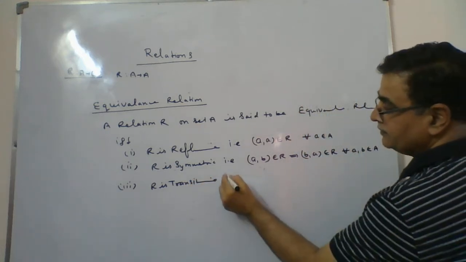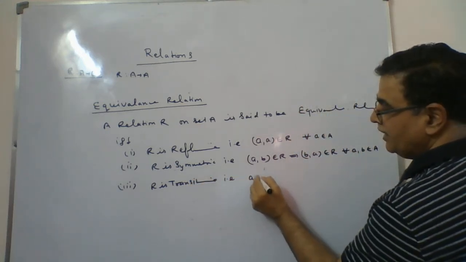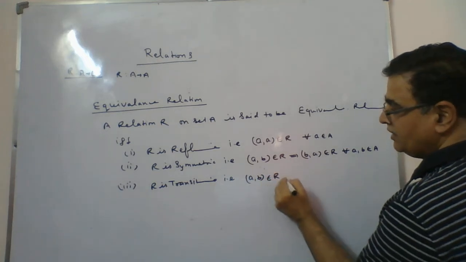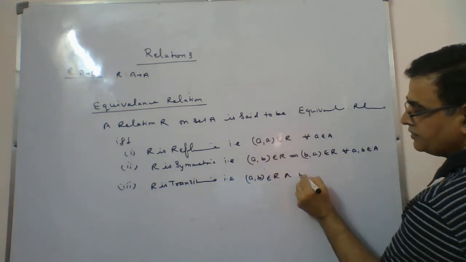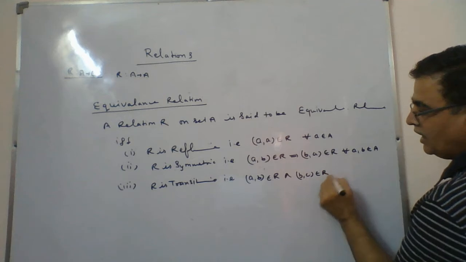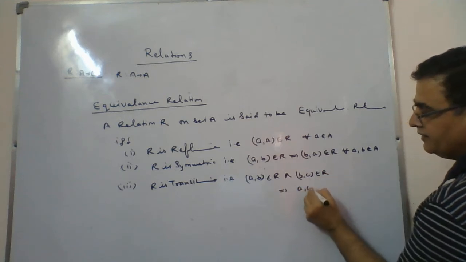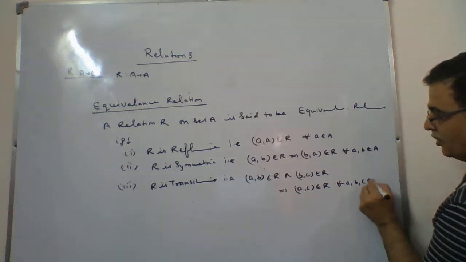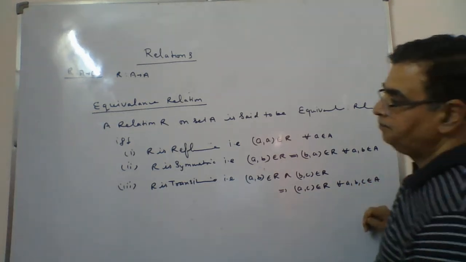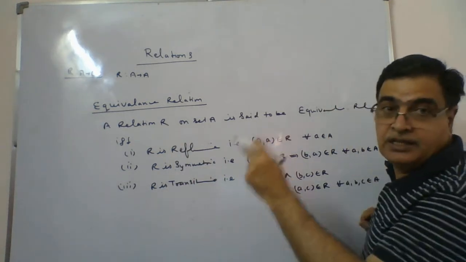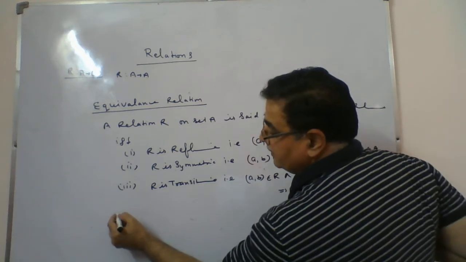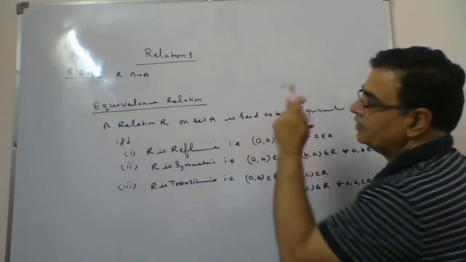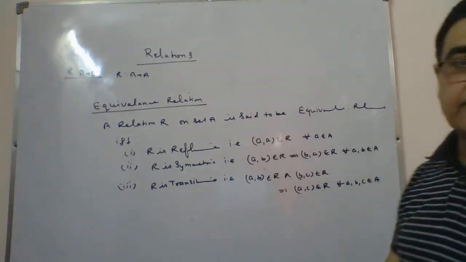That shows (a, b) belongs to R and at the same time (b, c) belongs to R implies (a, c) belongs to R for all a, b, c belonging to A. If any relation satisfies these three conditions, then you should say the relation is an equivalence relation.